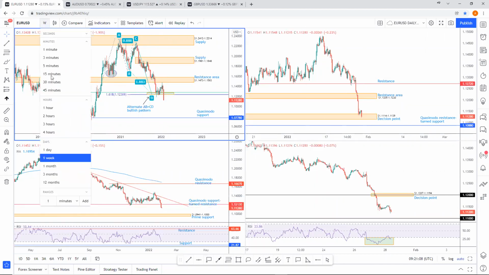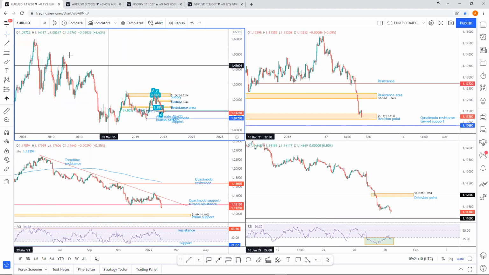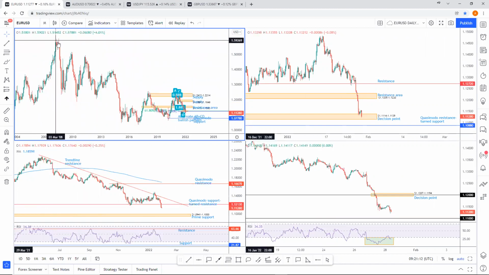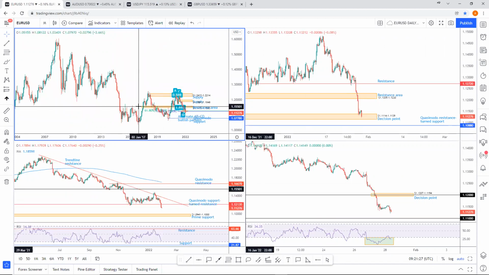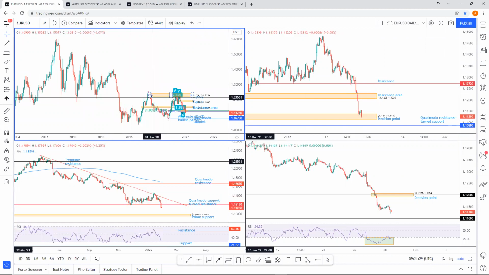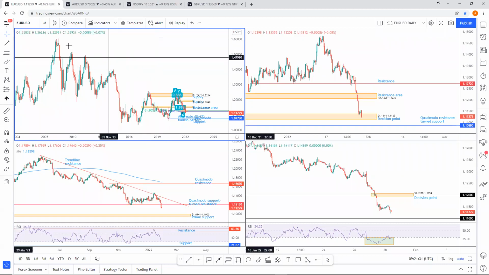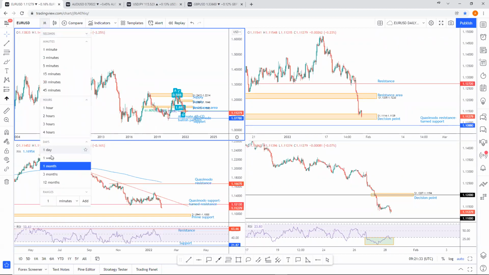Now, it's also in line with the monthly time frame. As you can see, we have been considerably lower since July of 2008. Do bear in mind, though, we have been largely range bound since around January 2017, but overall we are lower on the larger time frames.